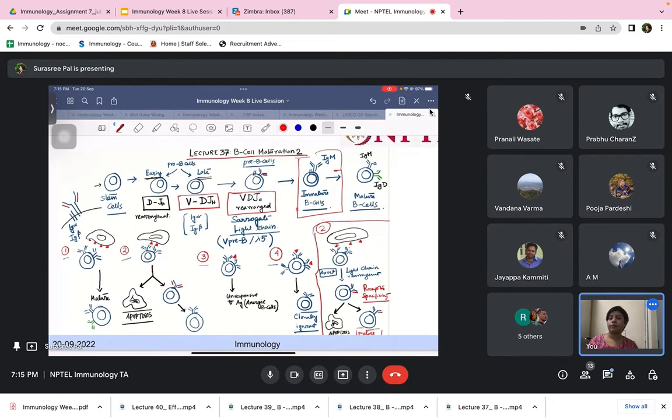What is happening here? So inside the progenitor B cells, the rearrangement of the heavy chain is taking place. So this is heavy chain rearrangement, right?